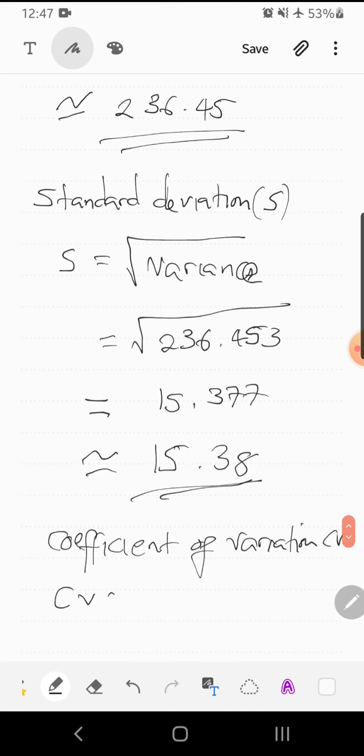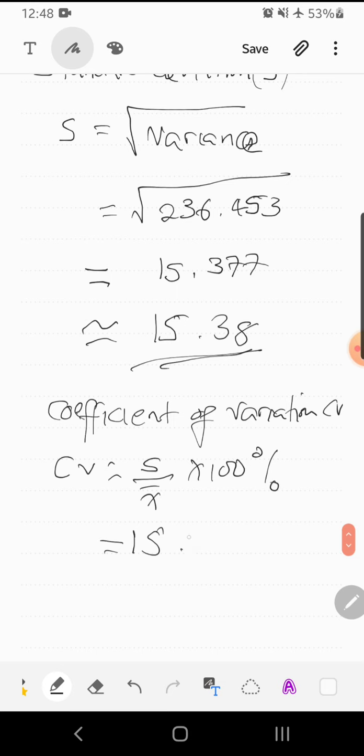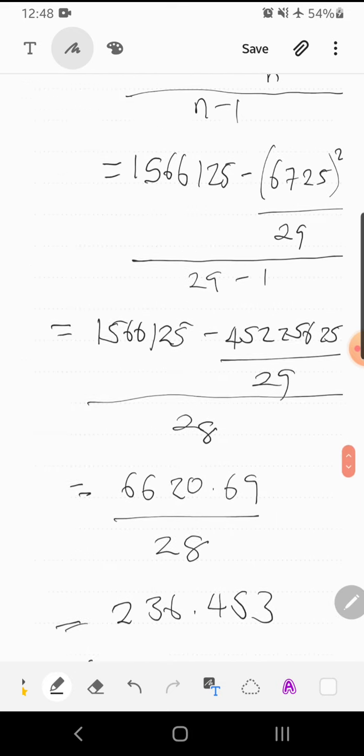So our CV is just equal to S over X bar times 100%, and then this is 15.377 over, our mean was 231.90. I think this is approximated.